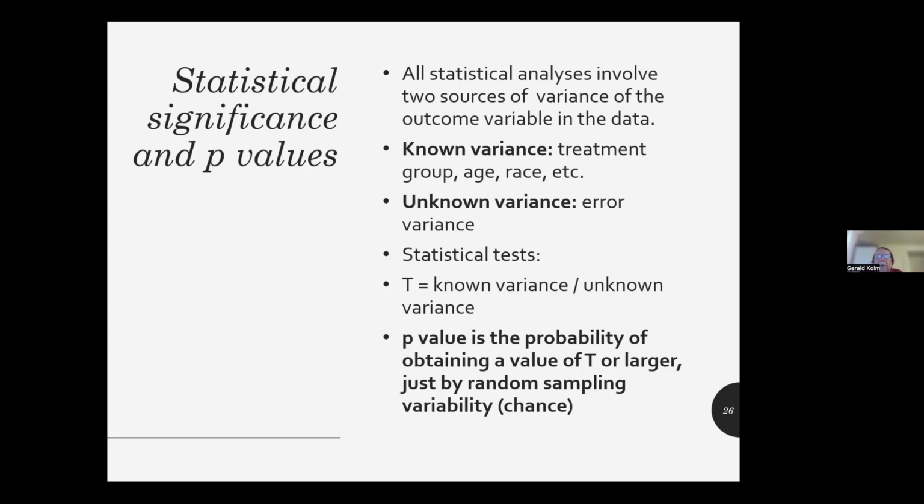We have known variance, that's variance between, say, treatment groups or differences in ages, differences in race, or other variables that we may have in our analysis. And then there's unknown variance, which we refer to as error variance. There's always error variance in any statistical test or any statistical model that we come up with.